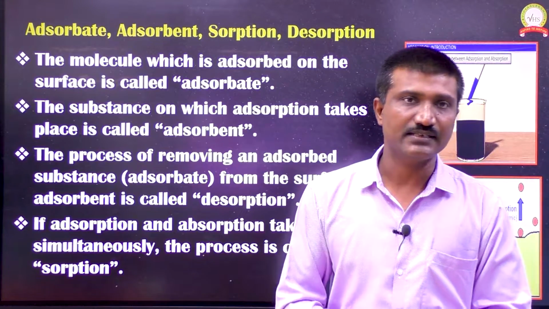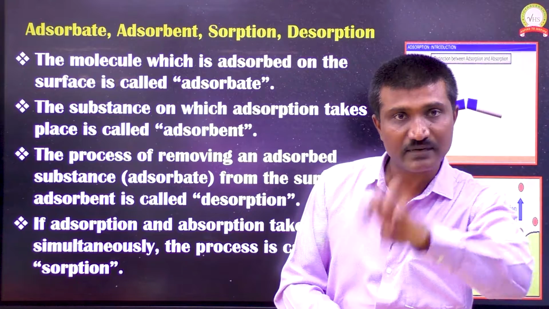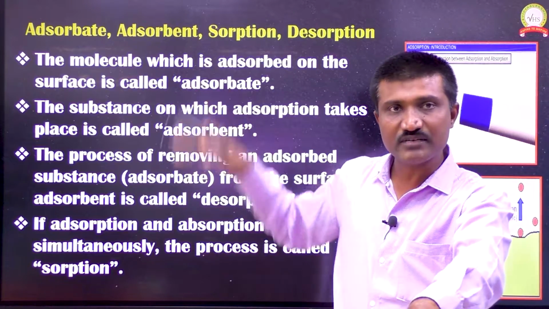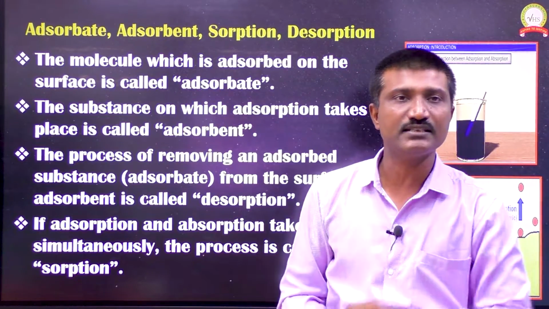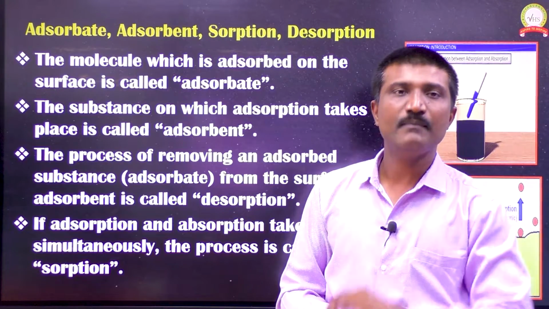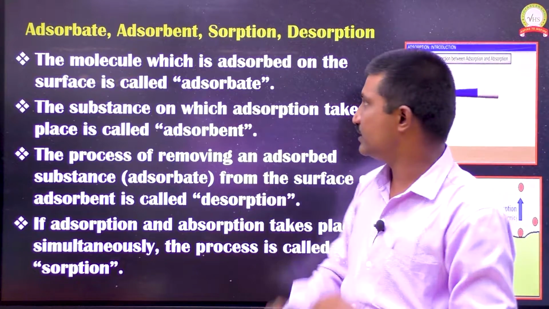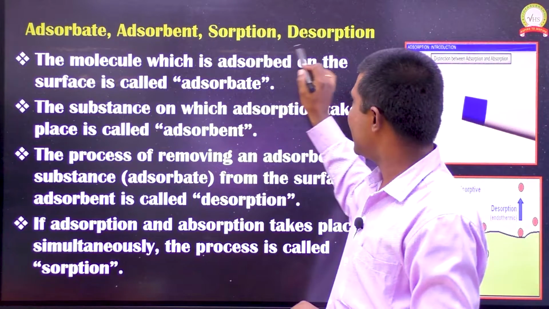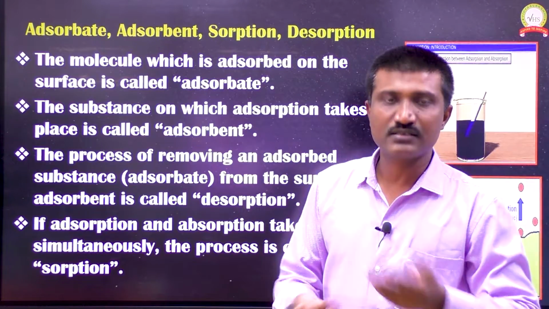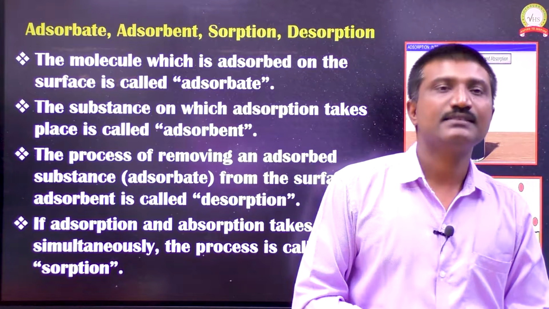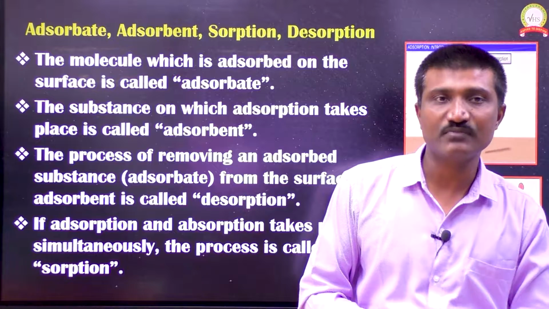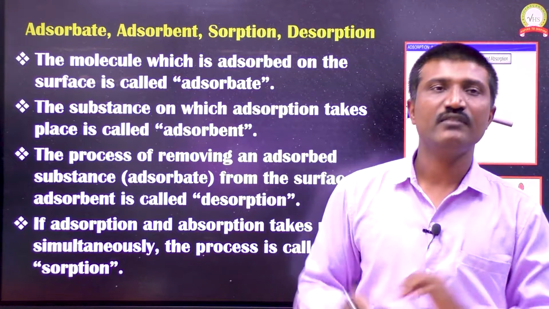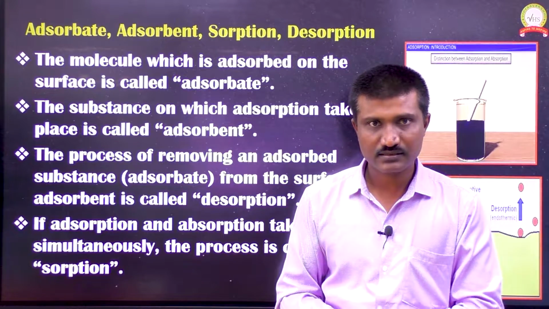Absorption we do not discuss, because absorption takes place in the bulk. Surface chemistry means the processes which take place only on the surface, but not in the bulk, right. So, the terms adsorbate and adsorbent we have to use in surface chemistry. So, we discuss the adsorption process only, not absorption.